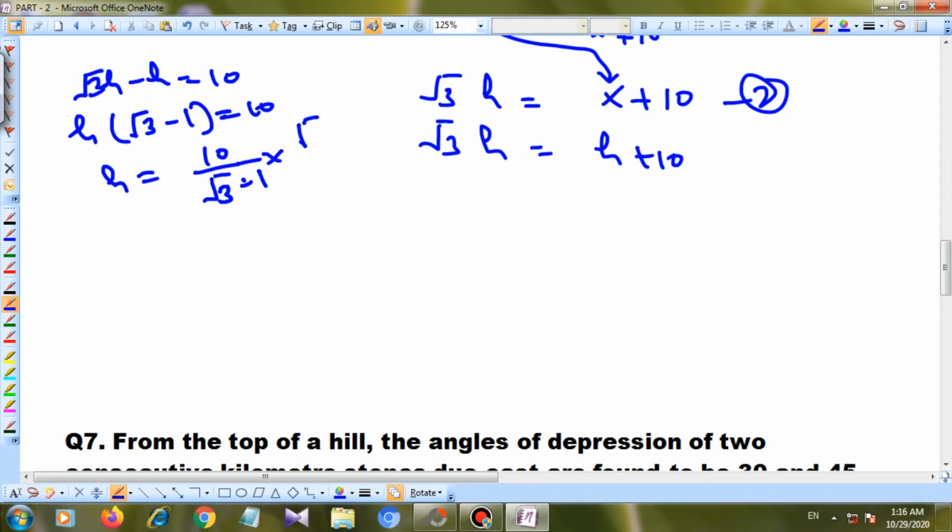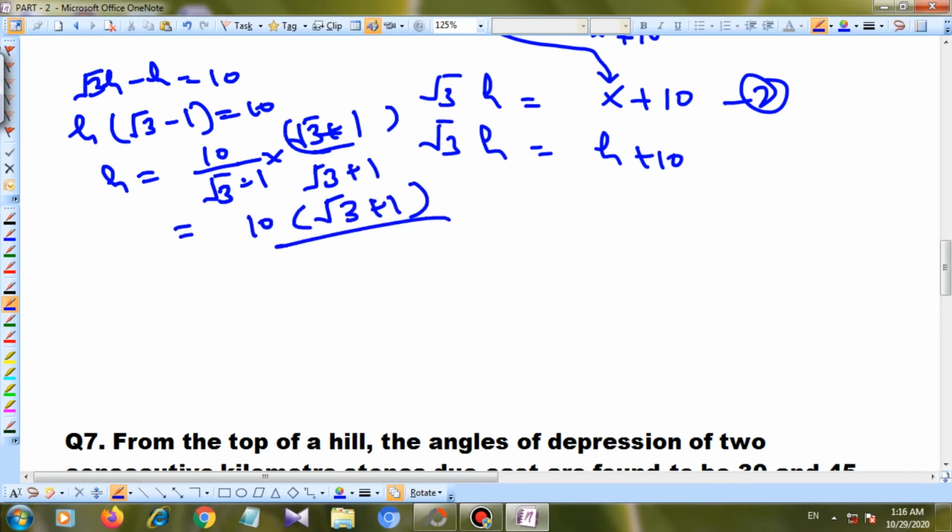Now rationalize it by multiplying both the numerator and denominator by root 3 plus 1. So you will get 10 into root 3 plus 1 upon root 3 minus 1 times root 3 plus 1. So this will become 3 minus 1, meaning 2. So this is 5 times root 3 plus 1.